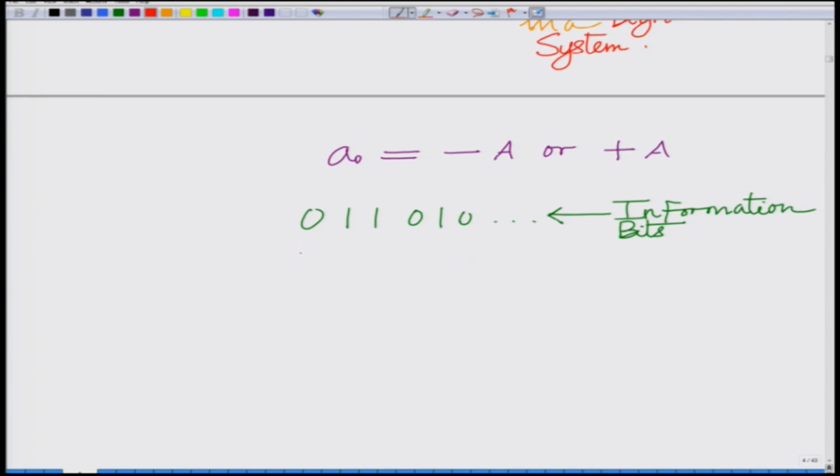Let me write it clearly: A, minus A, minus A, minus A and so on, where 0 is mapped to A, 1 to minus A, 1 to minus A, 0 to A, 1 to minus A, and so on. So, we are using the mapping where information bit 0 maps to A and information bit 1 maps to minus A.